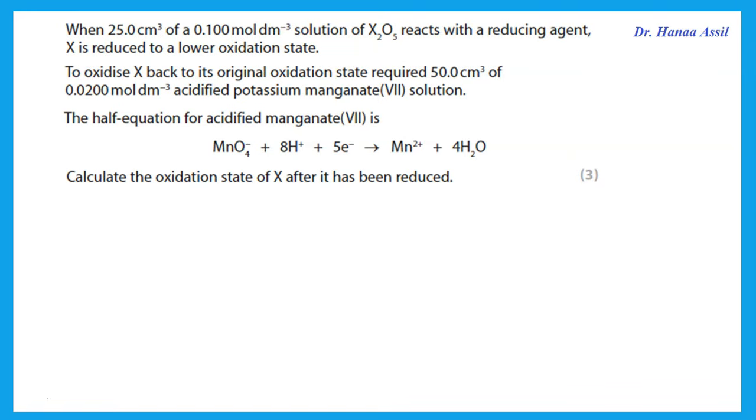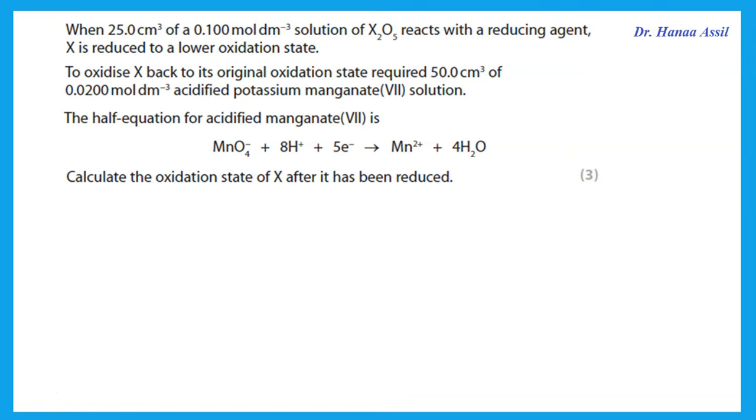Then to oxidize it back to its original oxidation state, we reacted it again with potassium permanganate, and it needed 50 centimeter cubed of 0.02. We're given that for the half equation of the permanganate, 1 mole of permanganate takes 5 electrons. Calculate the oxidation state of X after it has been reduced.